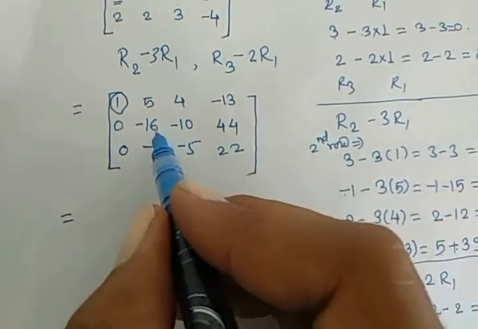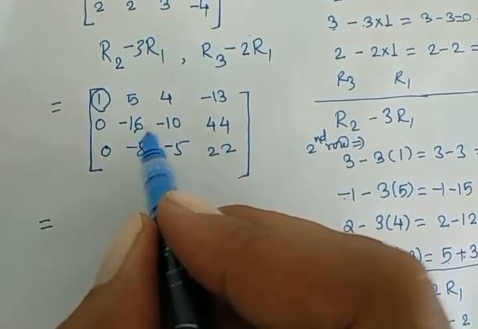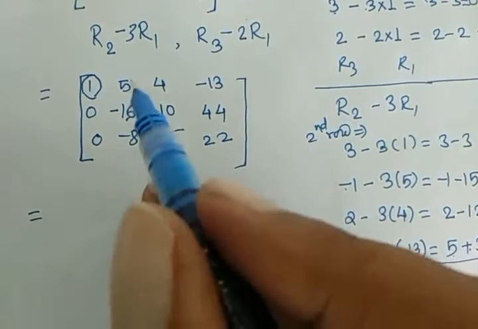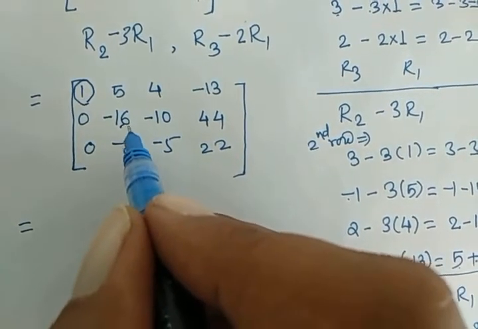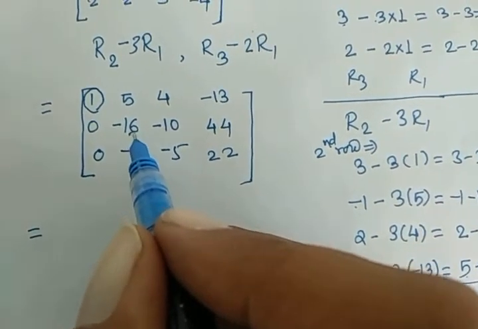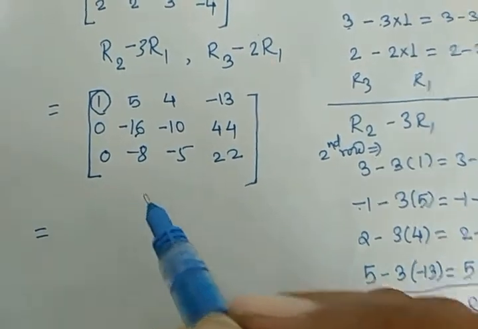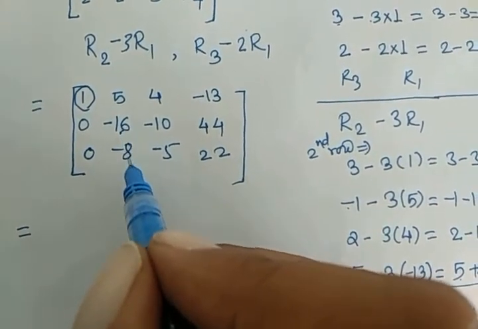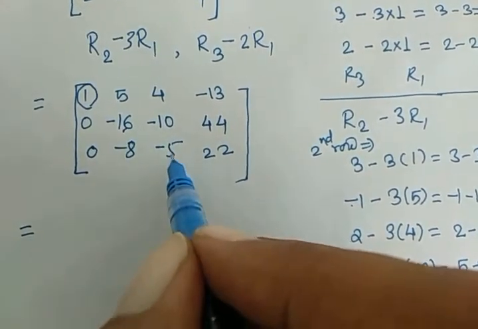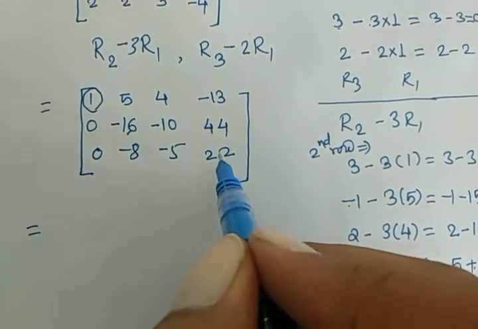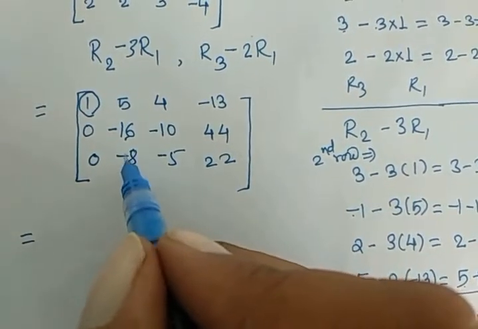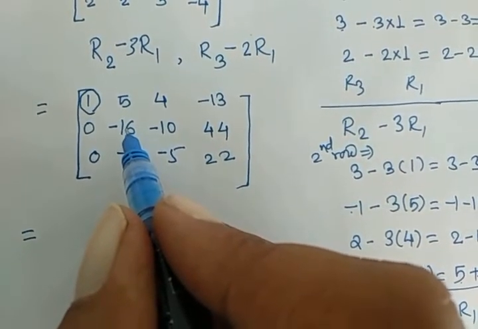Here it is a non-zero value, this is also a non-zero value, there is no one, so we have to make a 1 here. Now for the row operations, if you observe, these two rows are nearly equal: minus 8, minus 16, minus 5, minus 10, 22 and 44. It is twice this row.